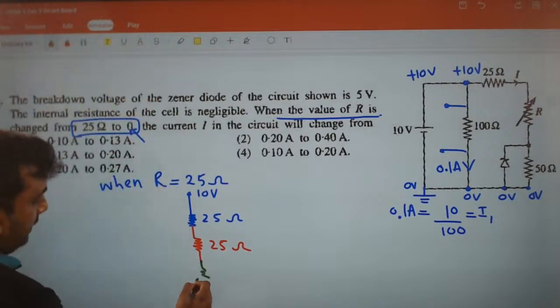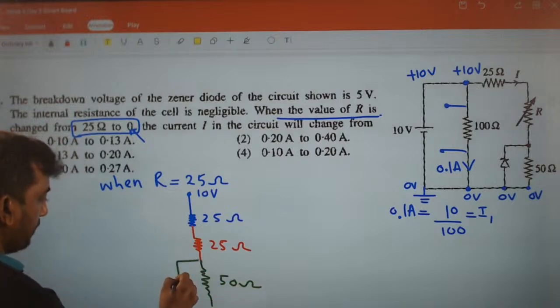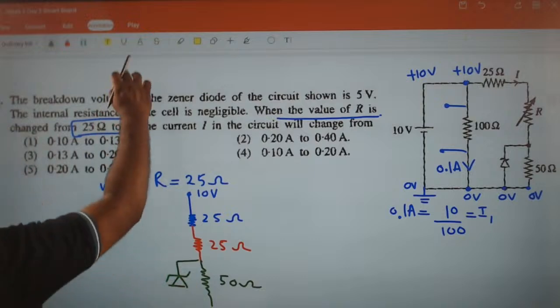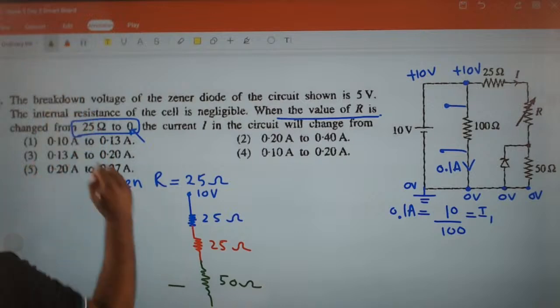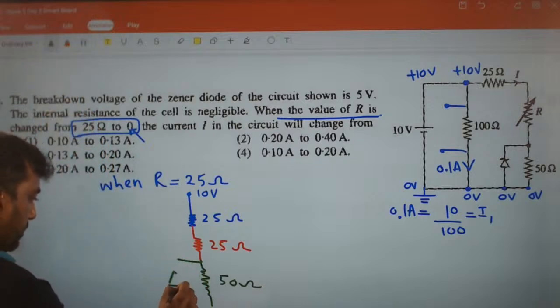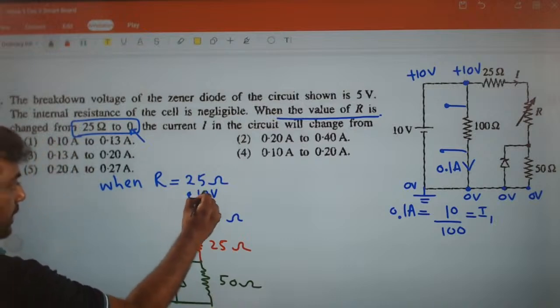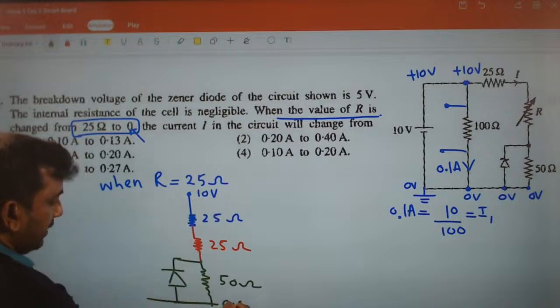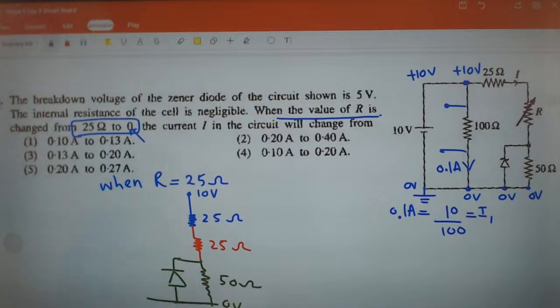Here resistance is 50 ohm. Diode is there. Without putting Zener, we'll just draw the diode. Reverse bias. Here 10 volt, here 0 volt, right? So here 50, here 50.